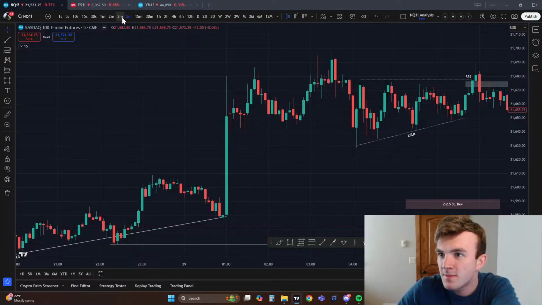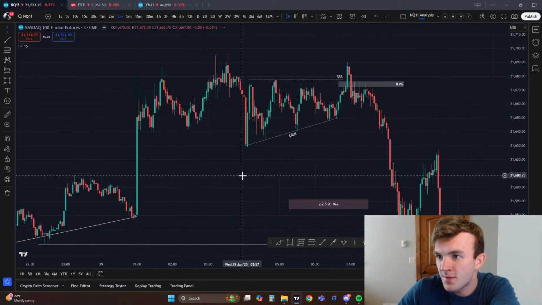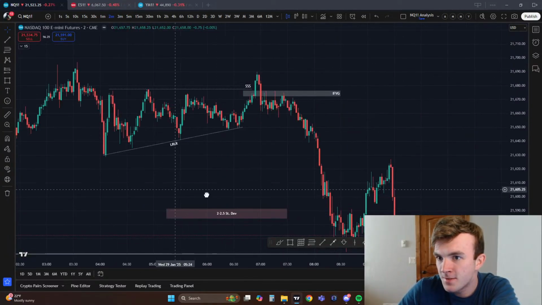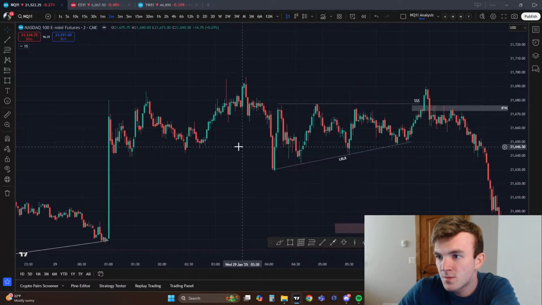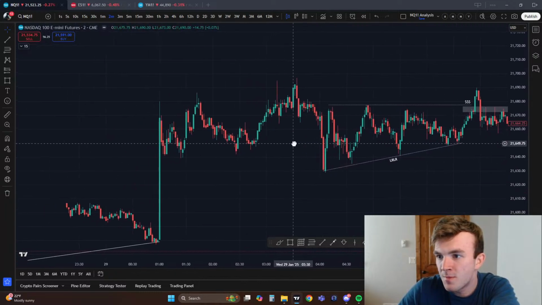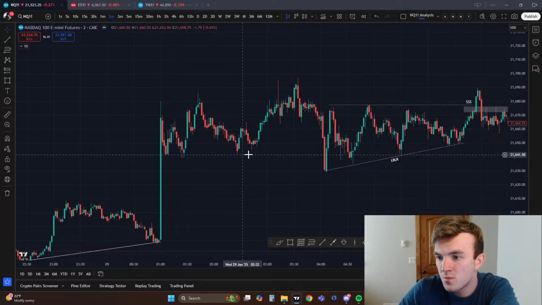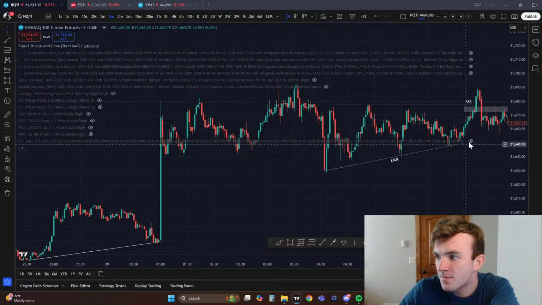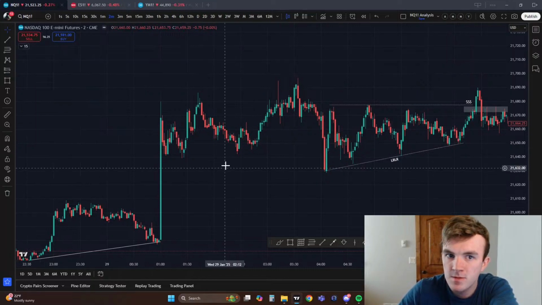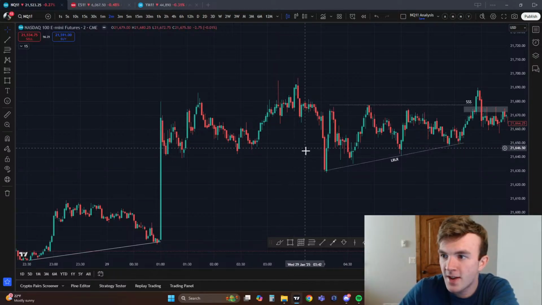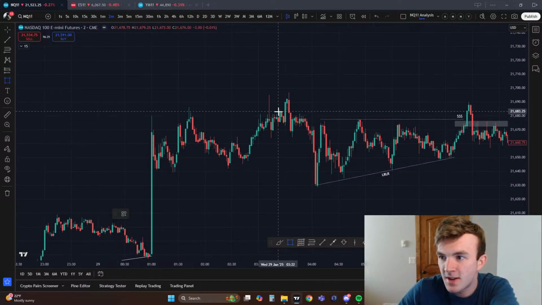And then I'm curious if this was an inverse fair value gap over here, we closed a little low. But theoretically, you could have taken this at like 3 a.m. So this was a nice breaker and fair value gap trade in the middle of the night here.